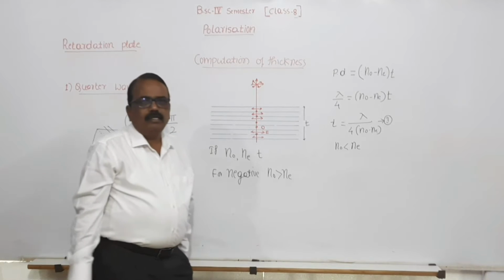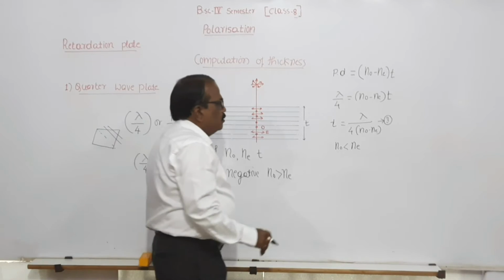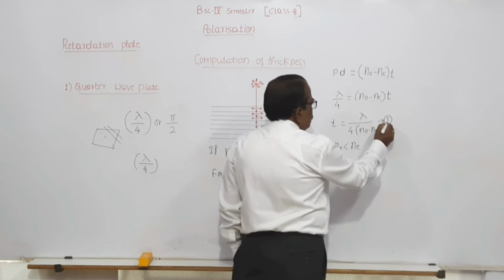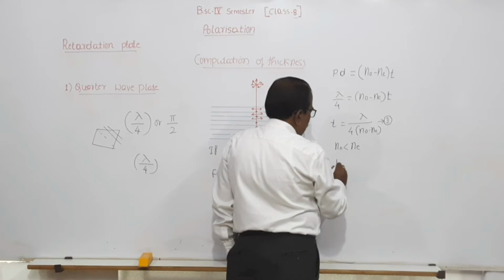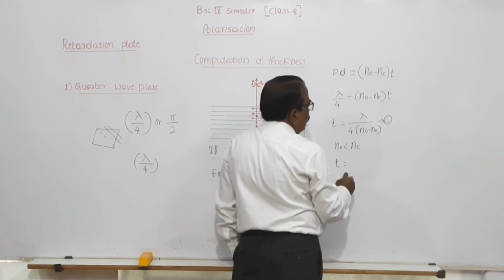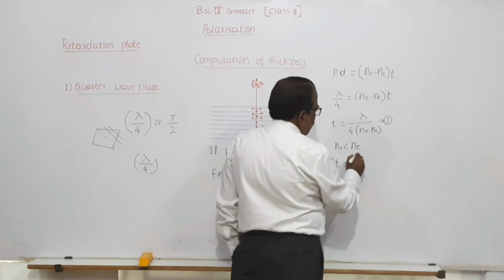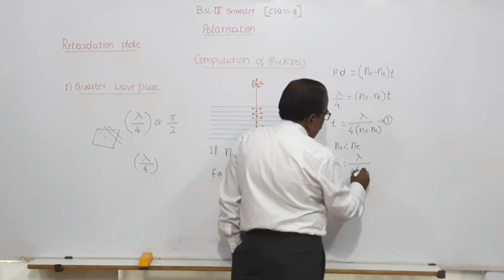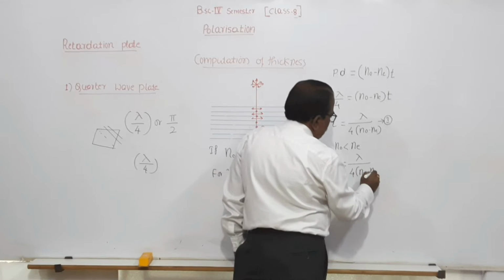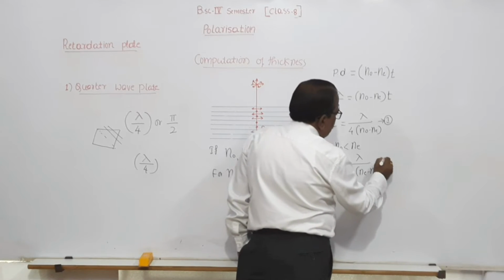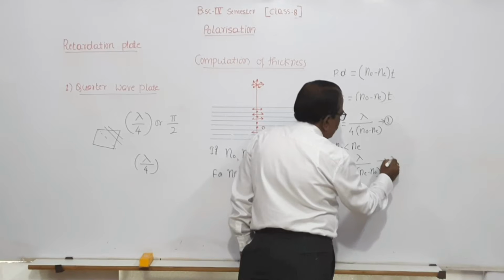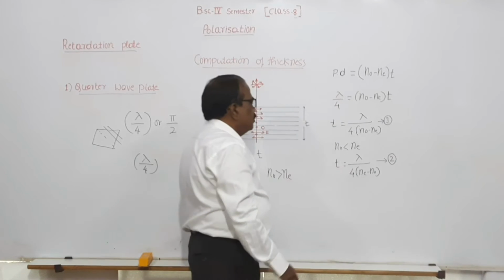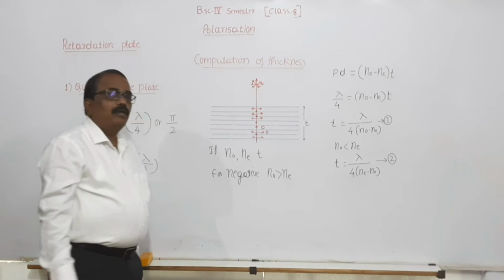Then this equation becomes T is equal to lambda divided by 4 into NE minus NO. Call this equation 2. This is for the quarter wave plate.